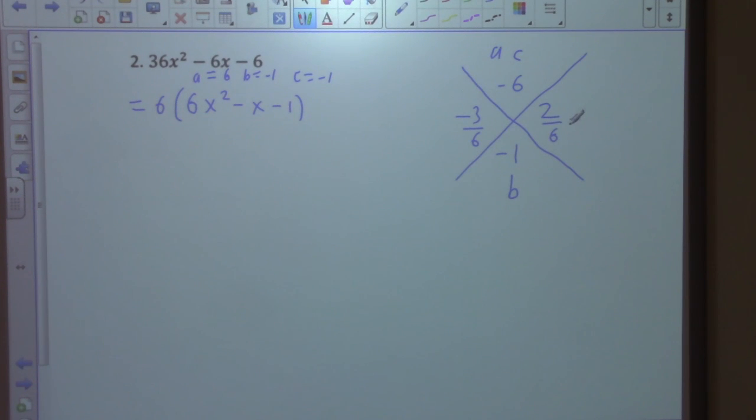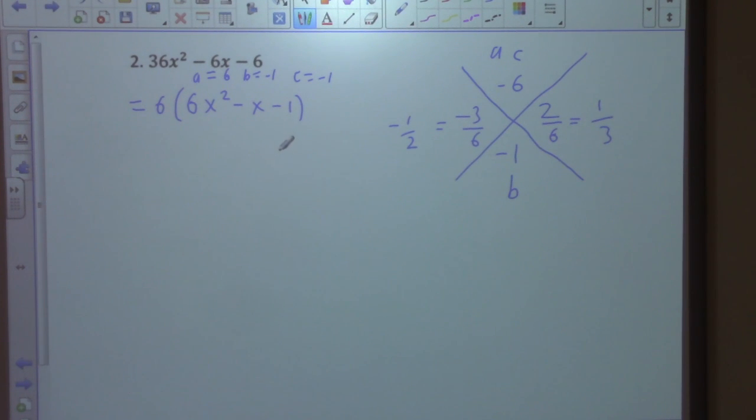And we simplify. So what's negative 3 divided by 6? Negative 1/2. And 2 divided by 6 is positive 1/3.